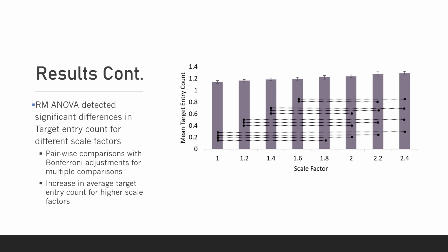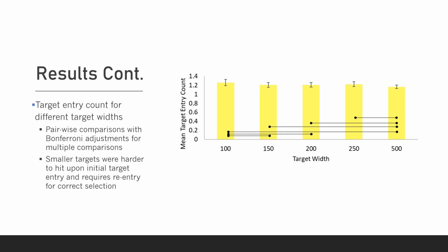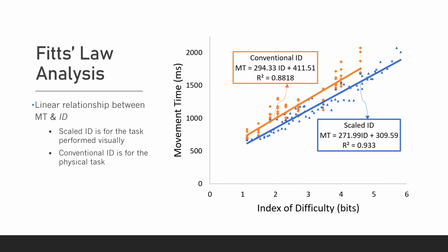This indicates that control was a bit more challenging under higher scale factors. Smaller targets were also reported to be harder to select. Linear relationship between movement time and index of difficulty showed a higher regression value for the scale ID compared to the conventional or the real ID.